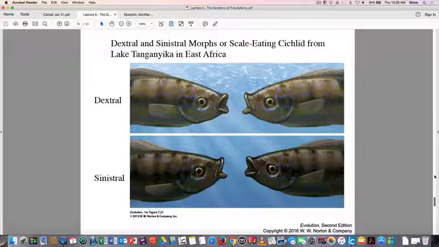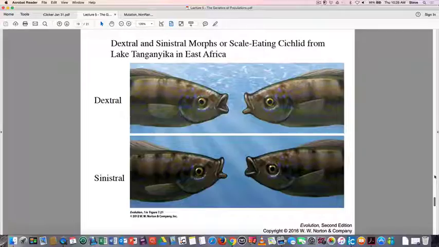They now have, in this group of cichlids, anywhere from 300 to 400 species in each of these lakes. So this is considered one of the most remarkable adaptive radiations, extremely recent and extremely accelerated, and there are a lot of weird fish in there, and this is one of the weirdest ones.